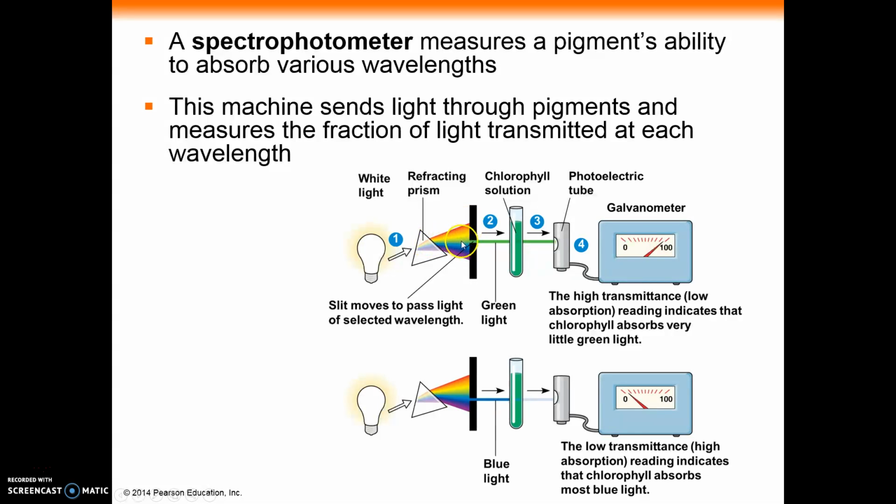So here, if we select green and shine it through a tube that has chlorophyll, that light will just pass straight through, and we'll have a meter that says, yep, all the light is making it through. Down here, we have the prism adjusted so it's shining blue light. Chlorophyll can absorb all that blue light. Not very much makes it through, and you can see the meter will drop back down to close to zero.